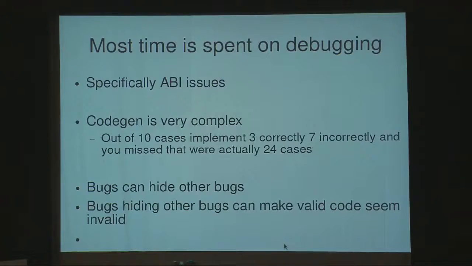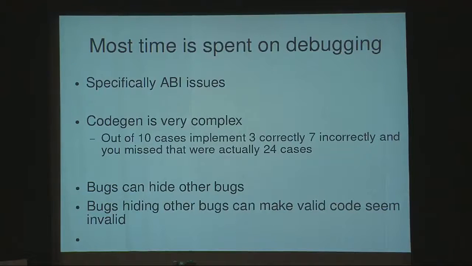Most of the time I spent on debugging, actually, because ABI issues are very complex, and this is a sentence I wanted to get in there. Definitely, out of 10 possible cases, you implement 3 correctly, 7 incorrectly, and you missed that you actually had 24 cases. Or probably not. You don't know.